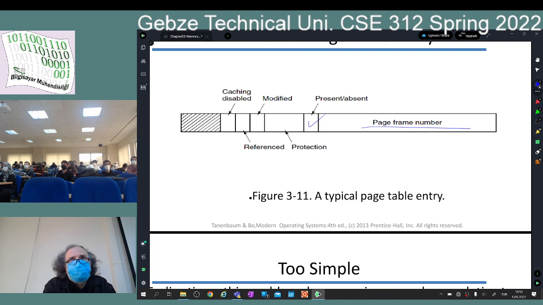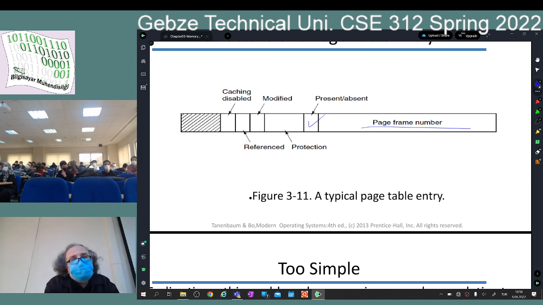That means this page is being used. Don't replace it, because time will come when I have to replace some of the pages with other pages from the disk. When the time comes to replace pages, maybe I shouldn't replace a referenced page because it is being used, right? If the page is not used, then its reference bit would be 0, and I would replace it. The same with the modified bit, okay?